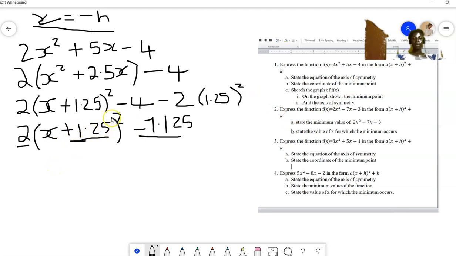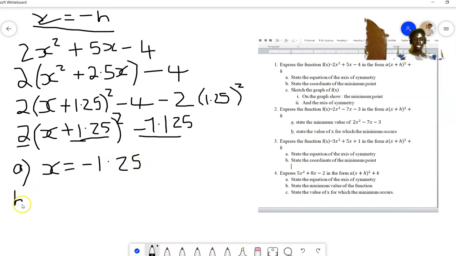Right, h is 1.25. So our equation of the axis of symmetry is x equals negative h, and h is positive 1.25, so it's going to be negative 1.25. And that's the answer for the equation of the axis of symmetry.